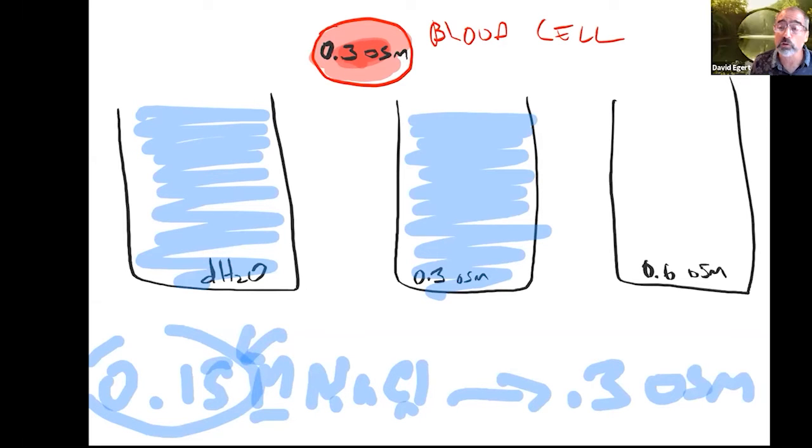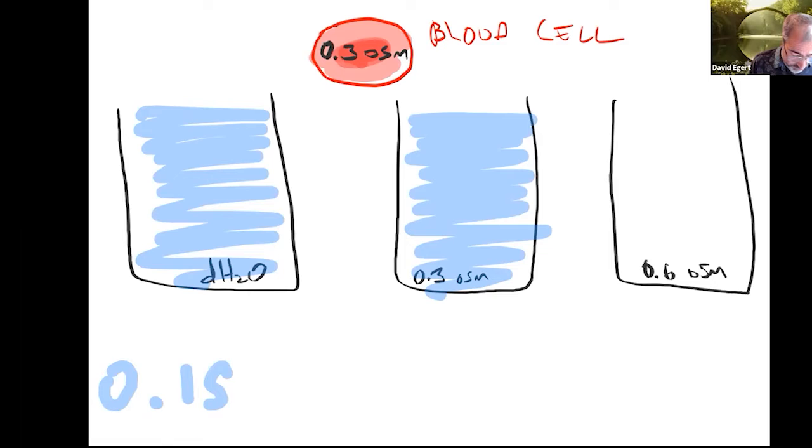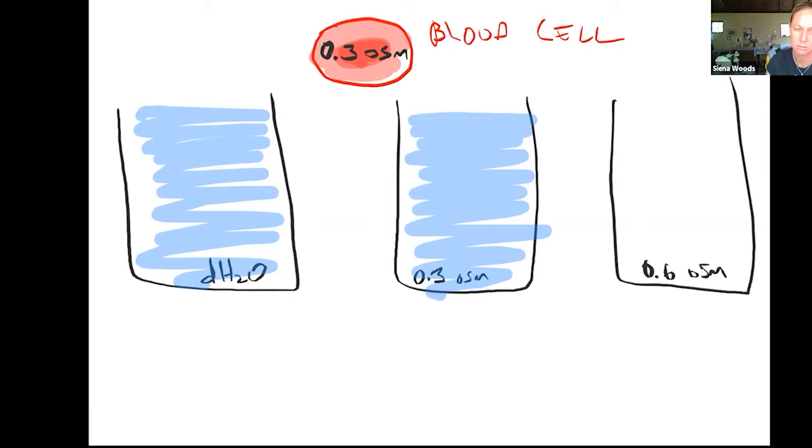If it was glucose, just sugar water, what would be the molarity of the glucose to give me that osmolarity? Just 0.3. They're the same. Exactly. What would happen if I had 0.3 molar NaCl? What would it become in terms of osmolarity? 0.6.